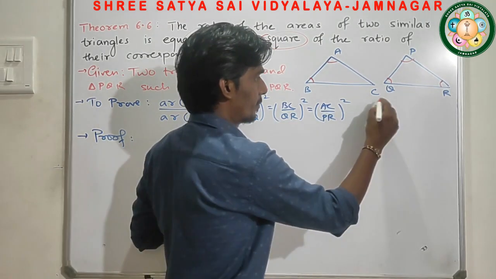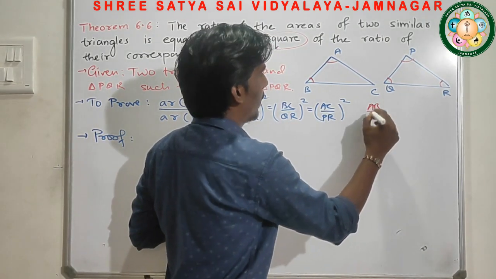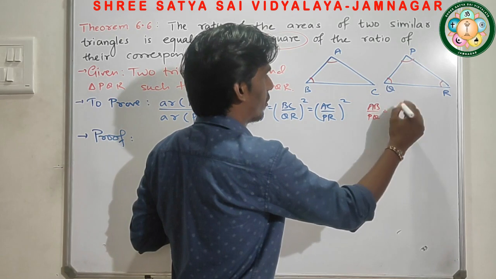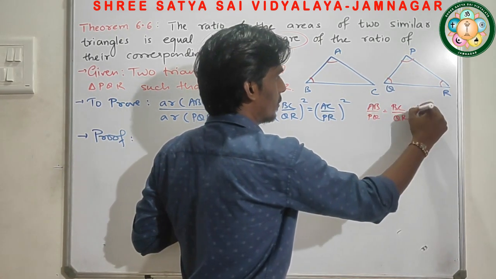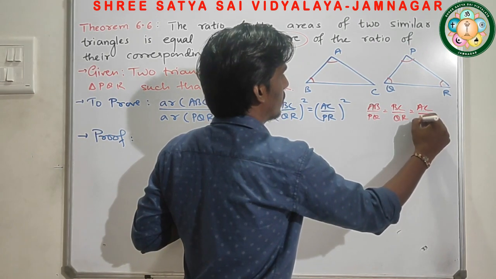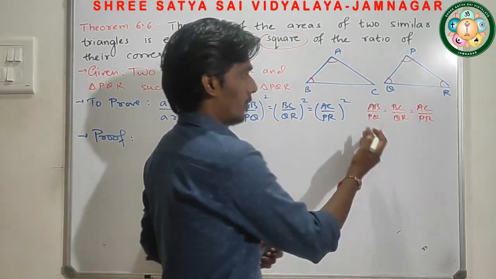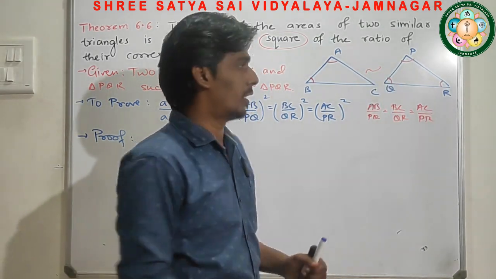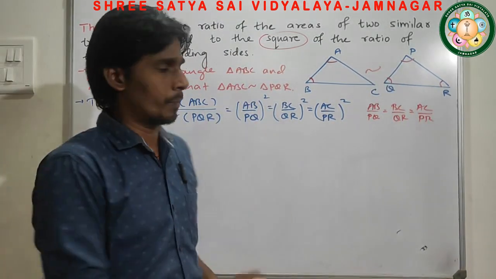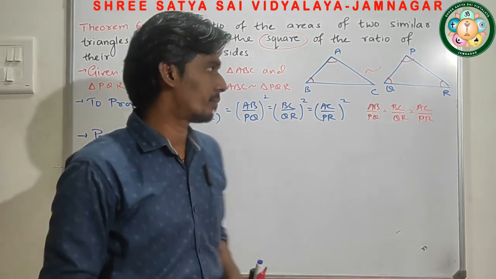That is what? AB upon PQ is equal to BC upon QR is equal to AC upon PR. We can write these ratios are equal only because the triangles are similar. So this condition also we are going to use while proving this statement.